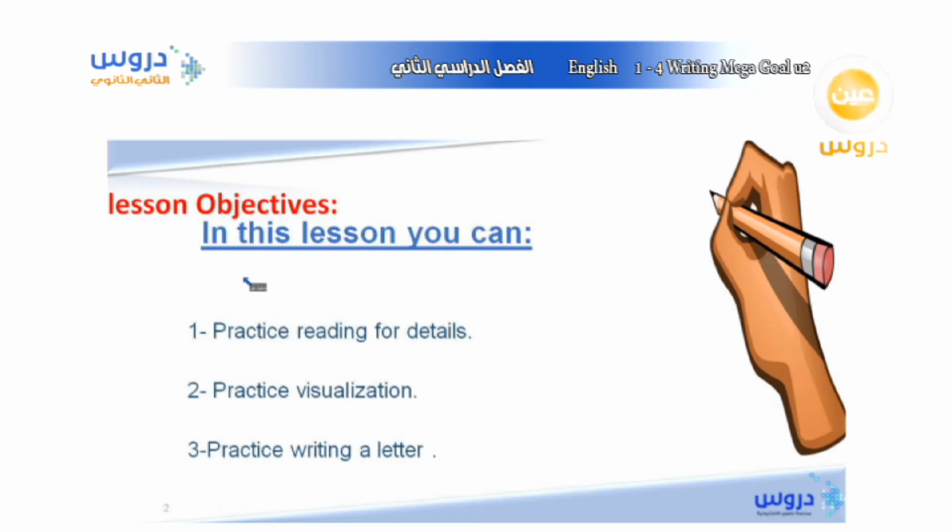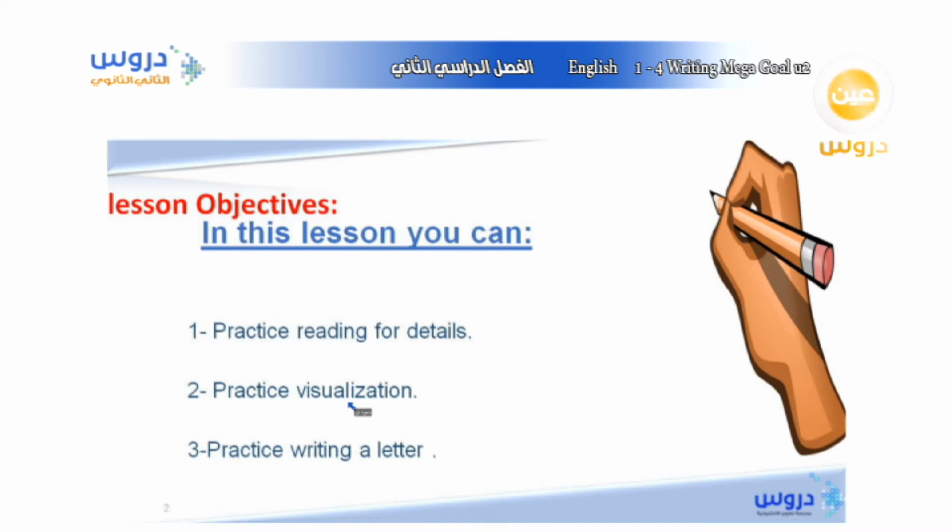Okay, we have some very important objectives. For example, number 1, practice reading for details. You are going to read to figure out details, for example, dates, names, places. Number 2, practice visualization related to pictures.